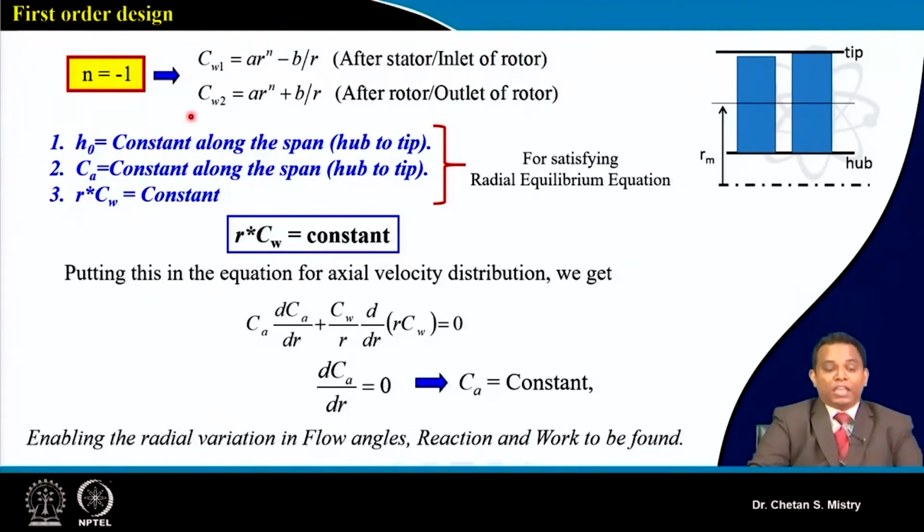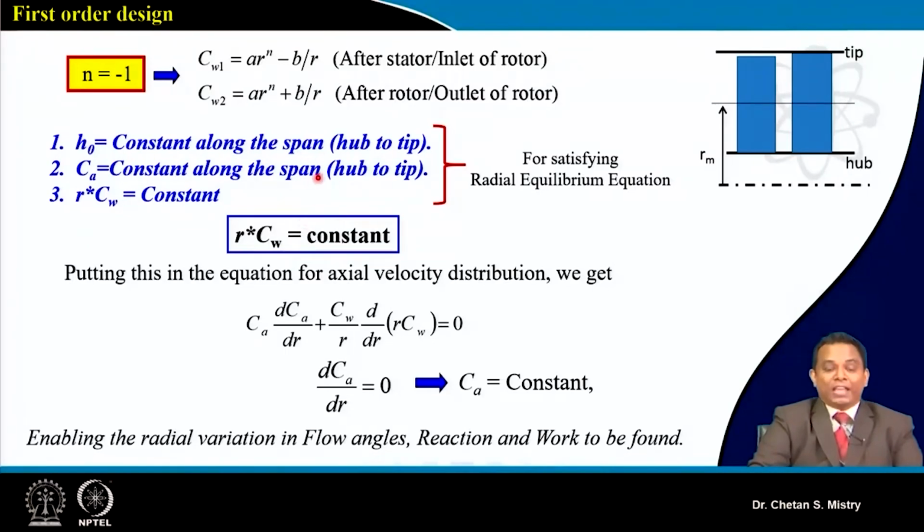So if I am satisfying all these three conditions, that is what satisfies my radial equilibrium equation, and that is compulsory. If we consider putting n equal to -1 in this formula, that is giving me CW into R equal to constant.